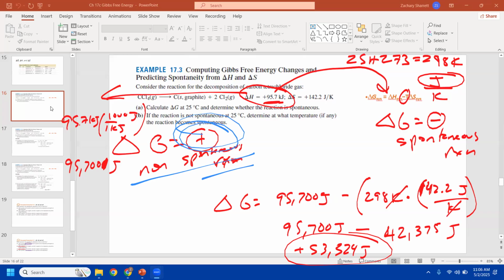So we still have the equation deltaG equals deltaH minus T deltaS, right? We want to find the temperature. We can plug this in to make it be 0. So when deltaG is 0, that's when this reaction switches from spontaneous to non-spontaneous. Everybody see that?